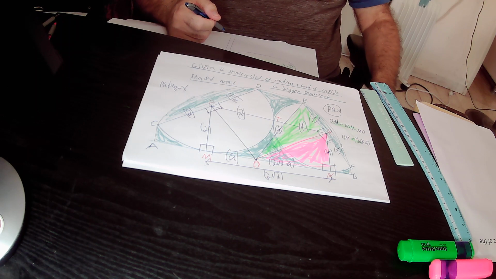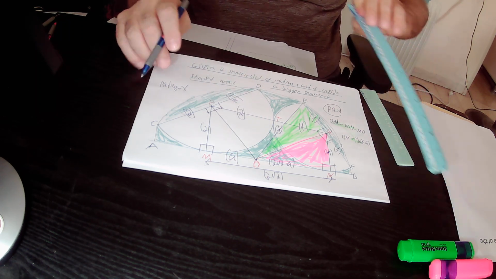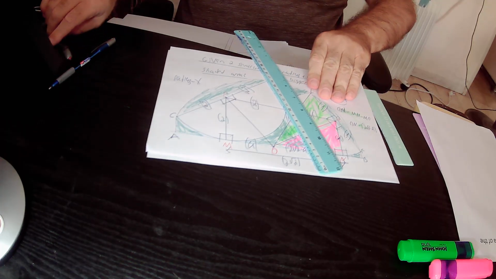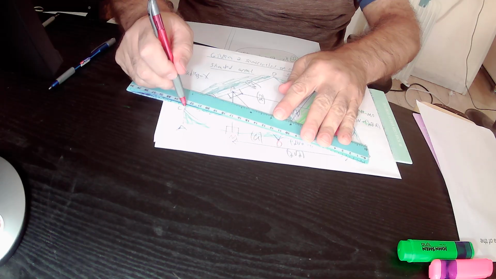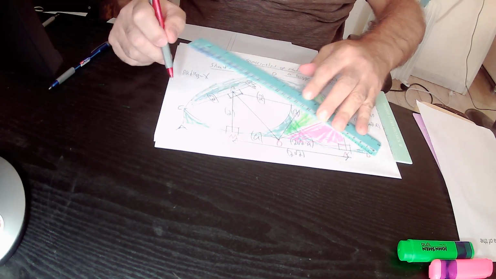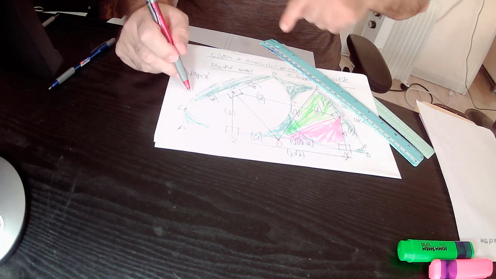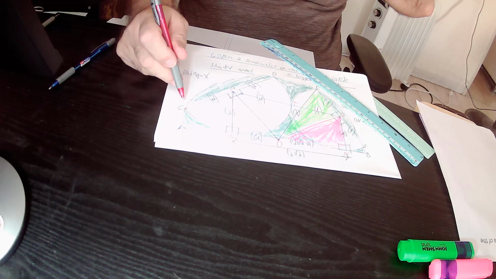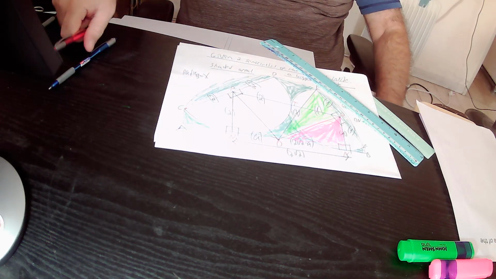In the next step, we'll join points O and C together by a straight line. Point O is the center of the biggest semicircle, point C is a point on the biggest semicircle itself, therefore OC is the radius of this biggest semicircle, that is x.